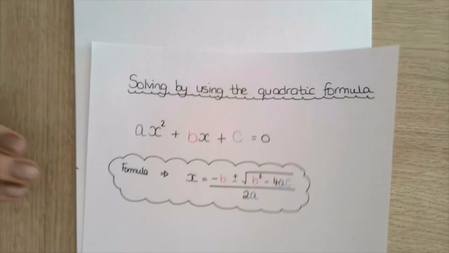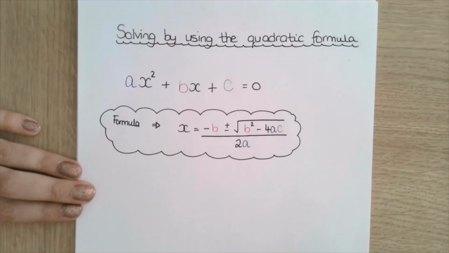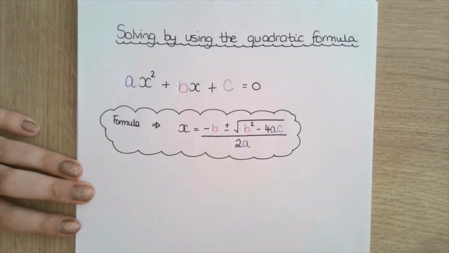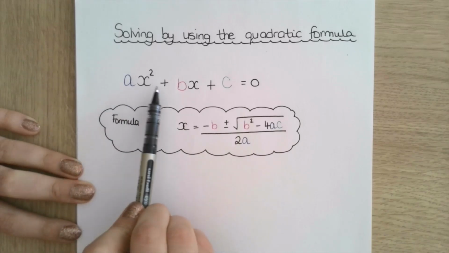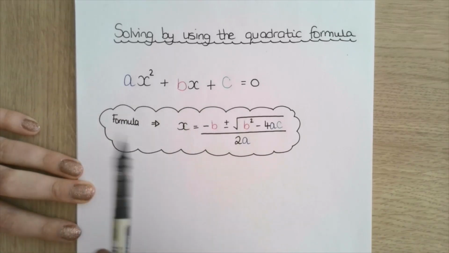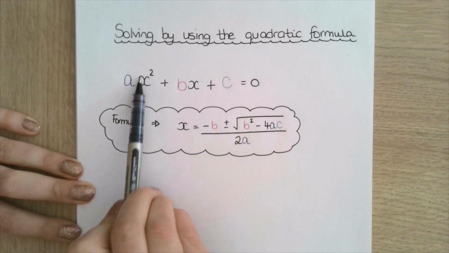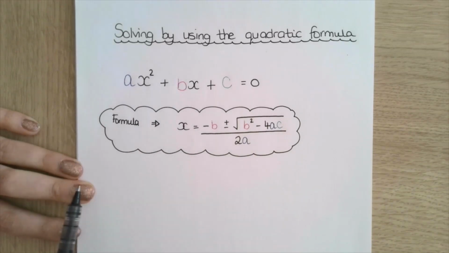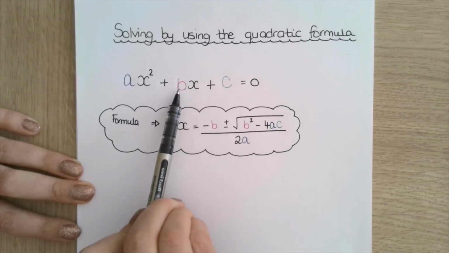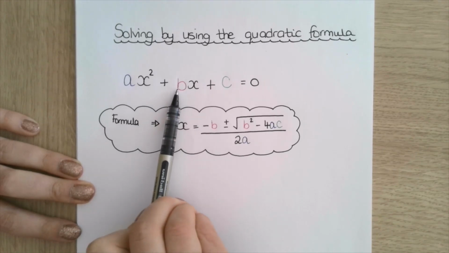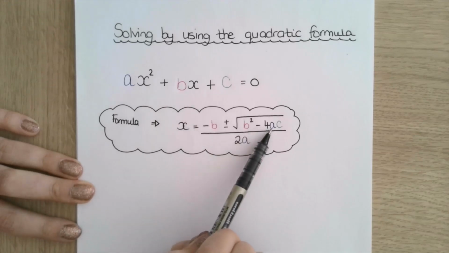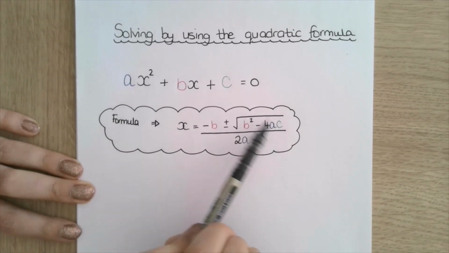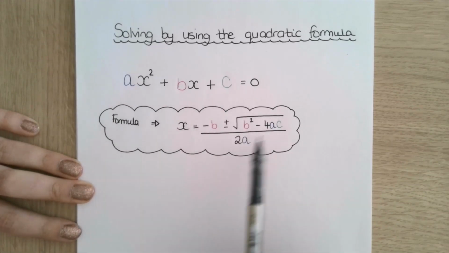Moving on to my second method, solving by using the quadratic formula. Now I've written it out here for you, and just to talk you through, this is the generic format of a quadratic equation, ax squared plus bx plus c equals 0, and the formula is given by x, or whatever the variable is that you are solving for, is equal to the negative of the value of b plus or minus the square root of b squared minus 4 multiplied by whatever the value of a is multiplied by c, all over 2a.